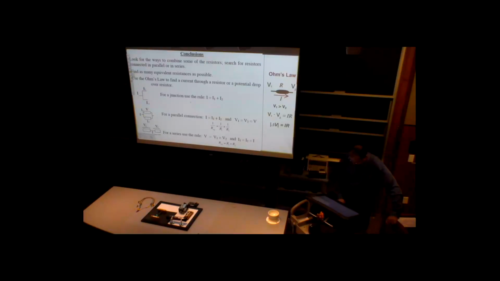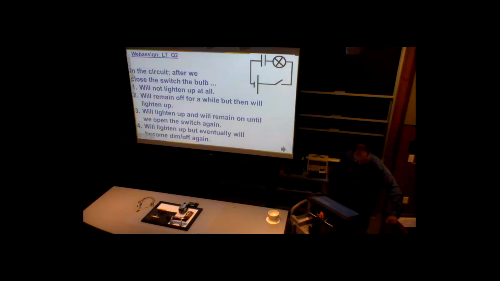And the question is related to a circuit. The schematic is here, and this symbol represents the battery, this symbol represents a capacitor, this symbol represents a bulb, this symbol represents a switch.